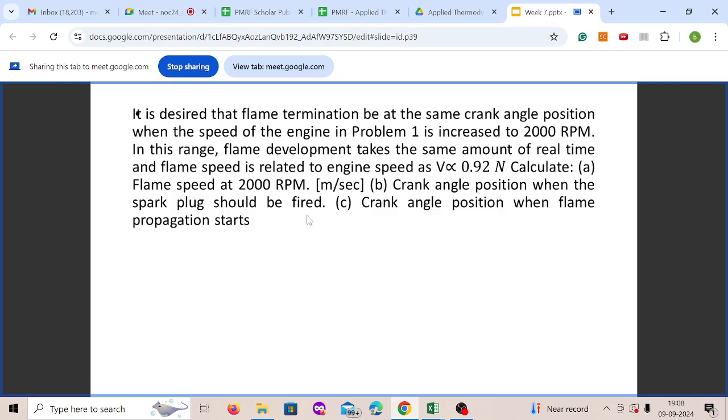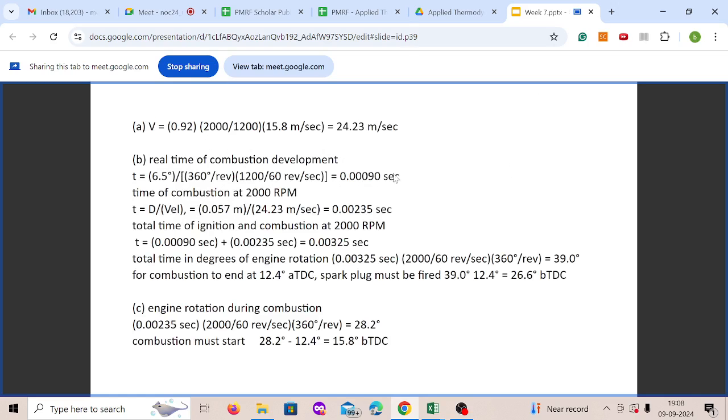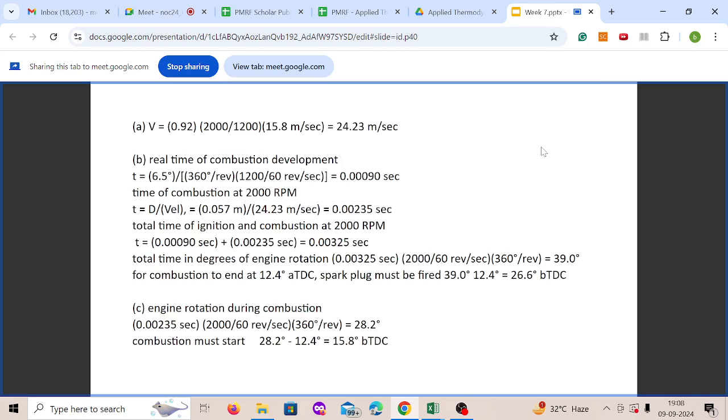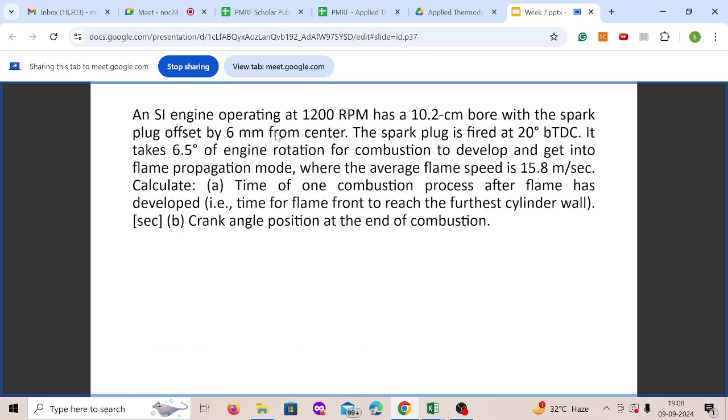So the flame velocity now is 0.92 into 2000. Previously it was running at 12,000 rpm, and the flame velocity is given as 15.8 meters per second.